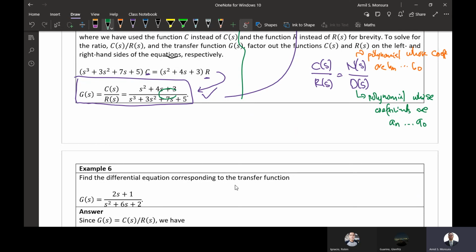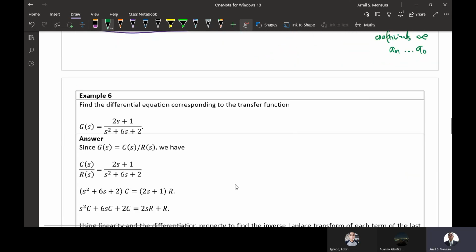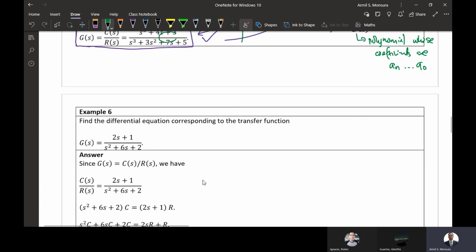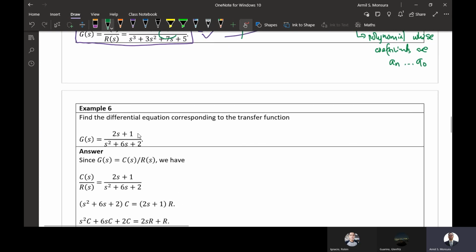Okay? Now, in example 6, conversely, you have a transfer function. What is the differential equation that actually represents it? Okay? So, without looking at the solution, again by intuition, the numerator is from b sub m up to b sub 0. The denominator is for a sub n up to a sub 0. So the differential equation here is the second derivative of c with respect to t, for the s squared here.